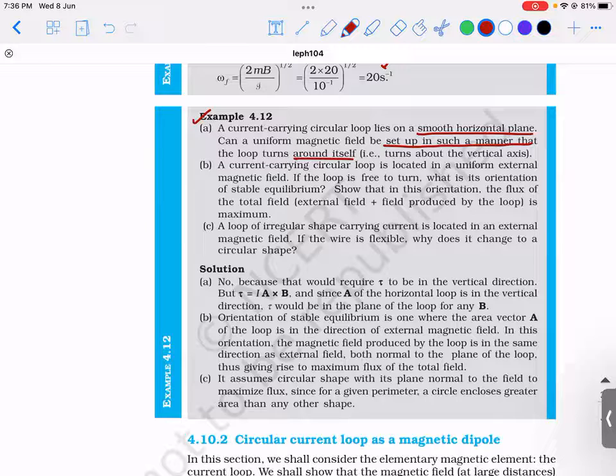So there is a circular current carrying loop that is lying on a smooth horizontal plane. Can a uniform magnetic field be applied so that the loop starts revolving and turns about the vertical axis? Is that possible?